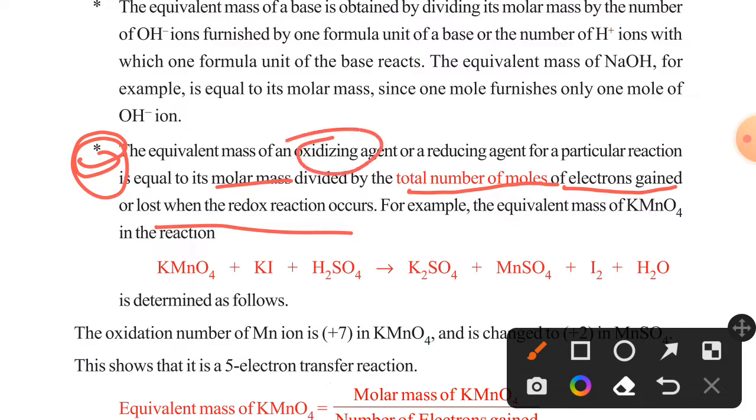Oxidizing agent keessatti yookaan immoo reducing agent keessatti equivalent mass calculate gochuudhaaf maal fayyadamna? Molar mass oxidizing agent sanaa yookaan immoo reducing agent sanaa maaliif hiruudhaani hamma elektiroonii gained ta'e yookaan immoo lost ta'e, kana jechuun redox reaction keessatti elektiroonii gained ta'e yookaan immoo lost ta'e hirraa jechuudha molar mass isaa.